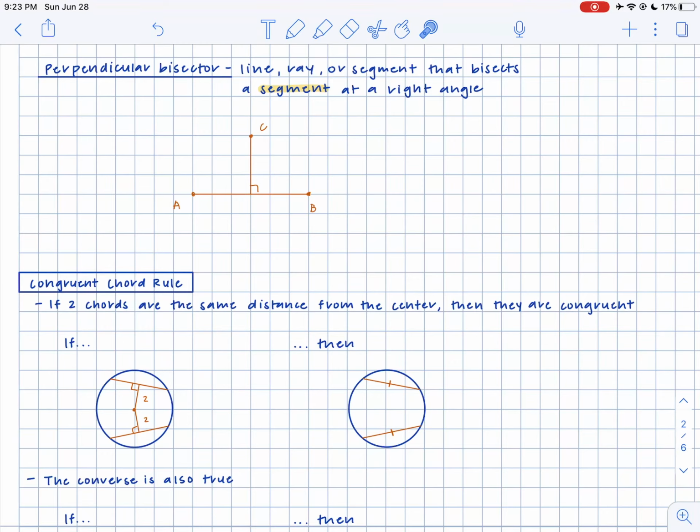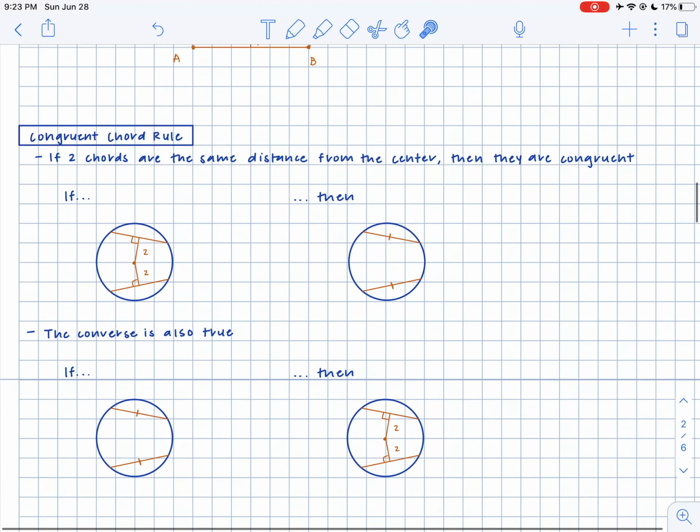It's actually the perpendicular bisector. That's why you see it meets at a right angle for both of these, okay? So that's why I wanted to refresh your memory on the perpendicular bisector, because you'll actually see it when we want to represent distances from the center to the chords, okay?